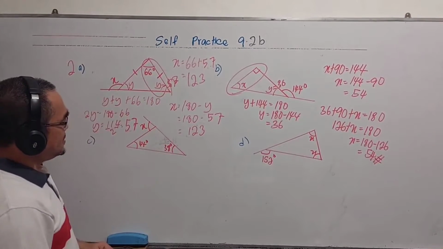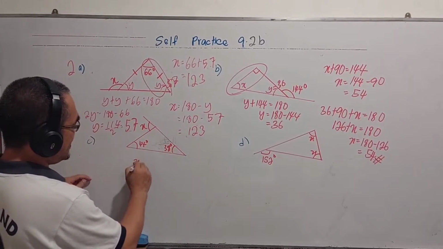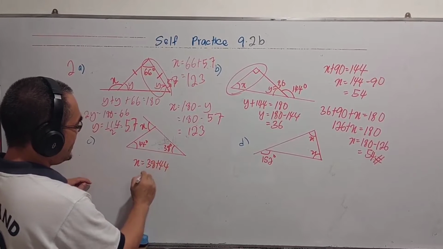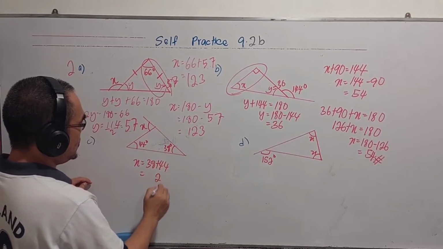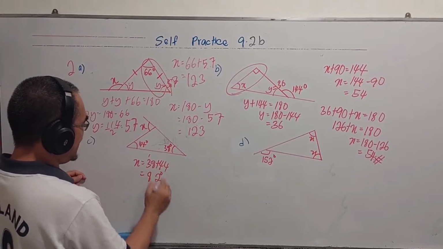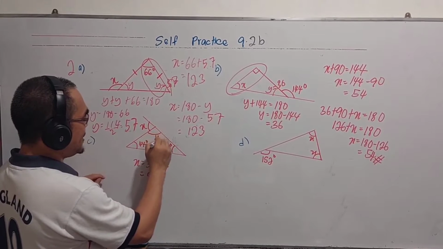Similarly with here, you can just add these two to get x. X is 38 plus 44, so we have 82 degrees. But usually I don't do that. I just label here y.